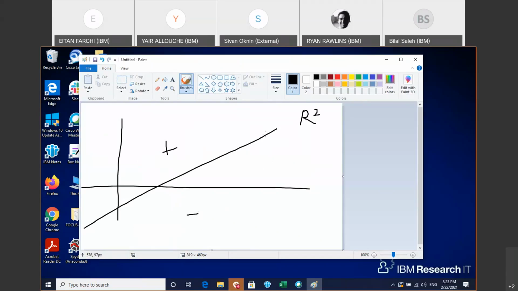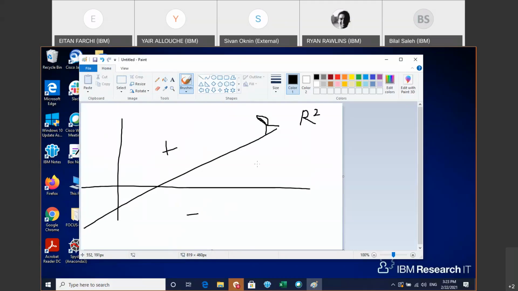This is your hypothesis set: any line that makes one side of R2 be labeled as a plus and the other side a minus, or vice versa. Try to think offline, what is the VC dimension of this hypothesis set?